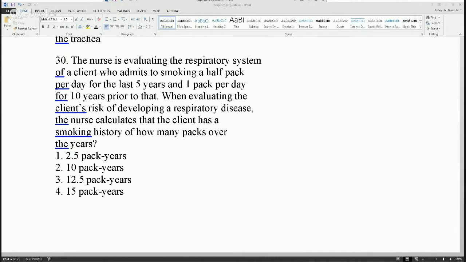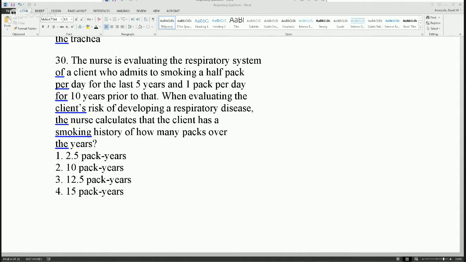Okay, wait. Let's see. The number is recorded as half a pack times 5 years, plus 1 pack for 10 years. Okay. And that's 2.5 plus 10. That calculation is just as simple as it reads. If it had said 2 packs per day for 10 years and then the half, it would be 22 and a half.